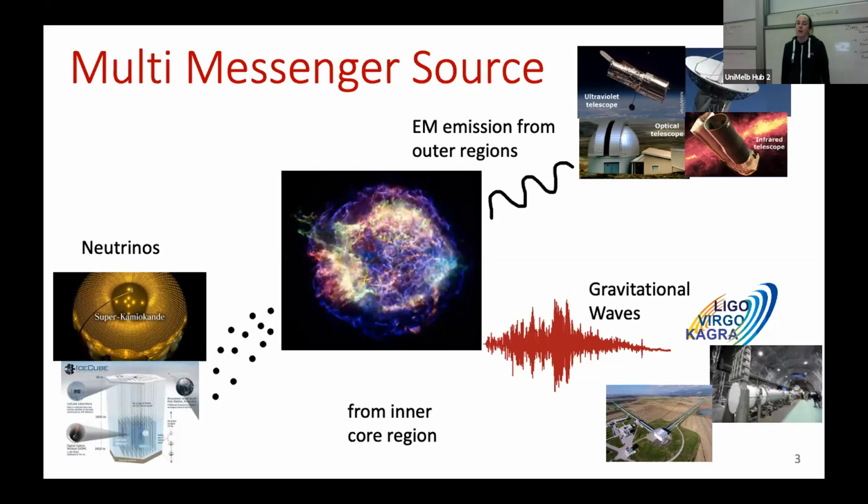So to learn about the inner regions of the explosion, you need gravitational waves or neutrinos. But we've only had one neutrino signal so far from a supernova and no gravitational waves, because you can only detect them out to much smaller distances than you can the electromagnetic radiation.